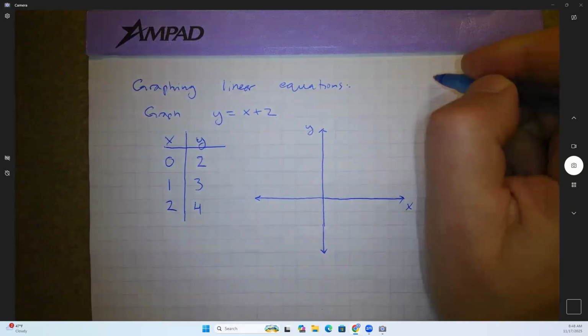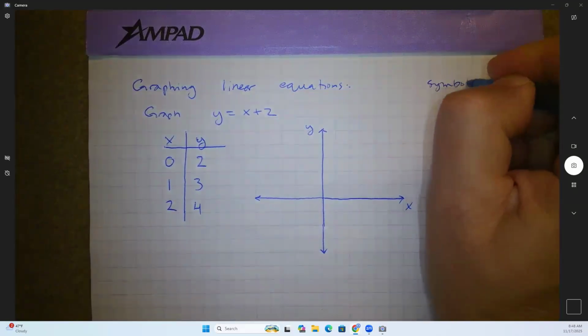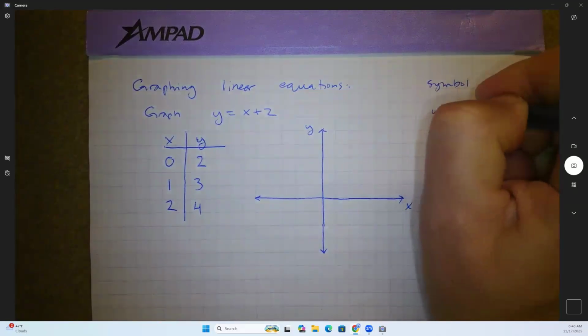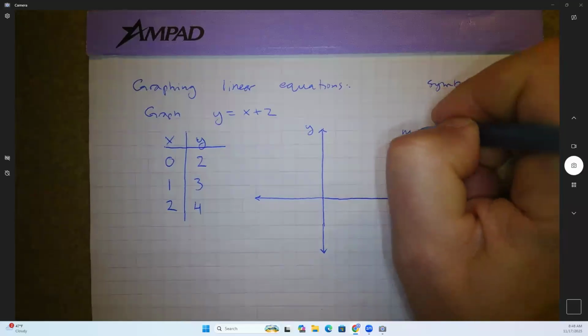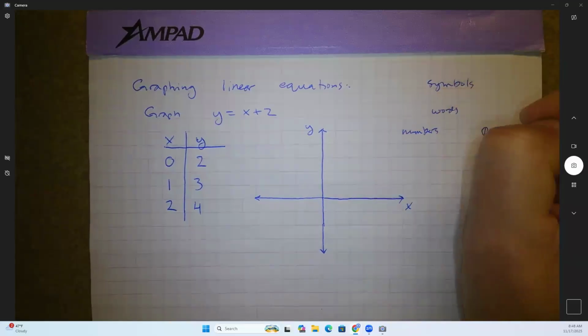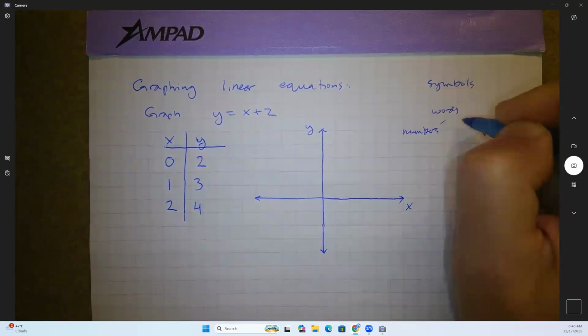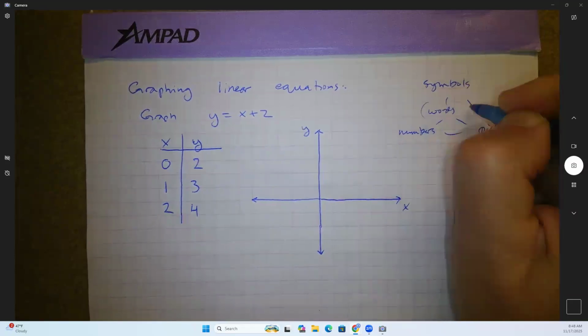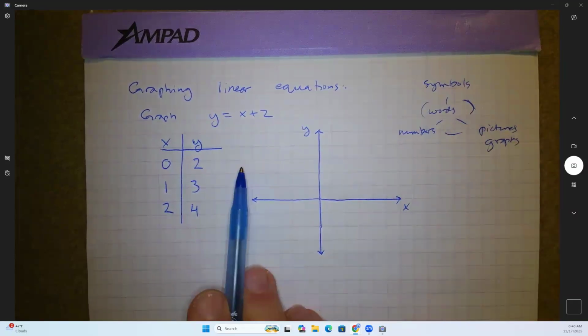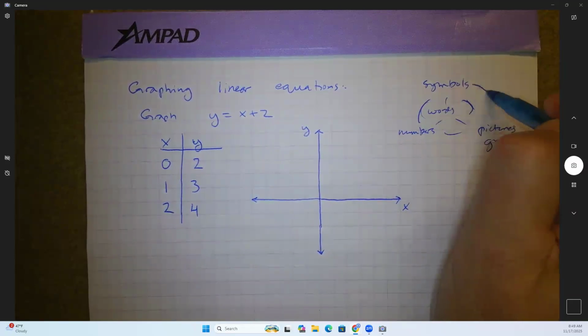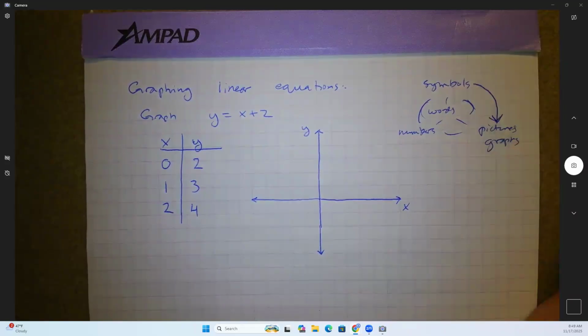Oh, and by the way, this brings us back to the idea of symbols, words, numbers, and pictures. Well, graphs are pictures. And what I'm asking you to do is to go from the symbols to the graphs.